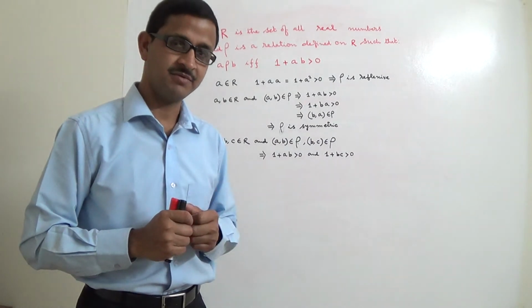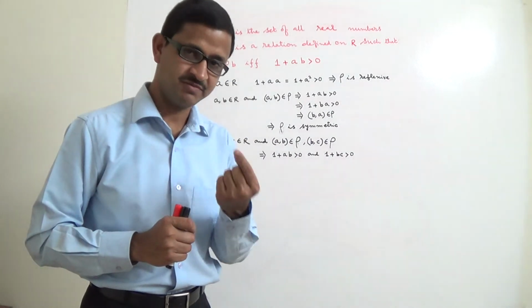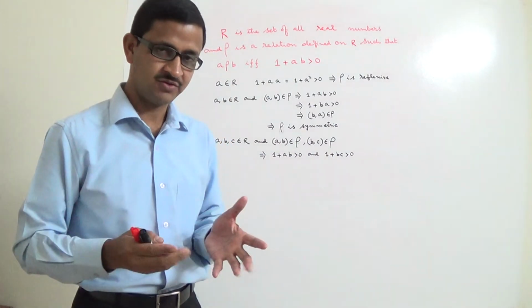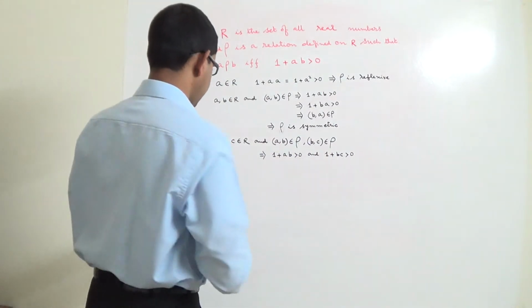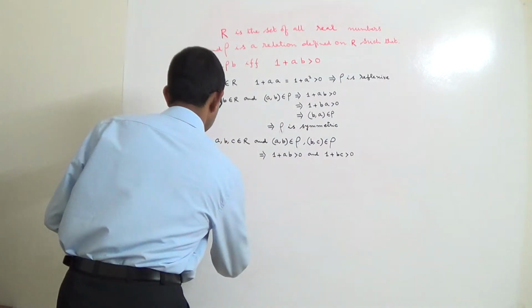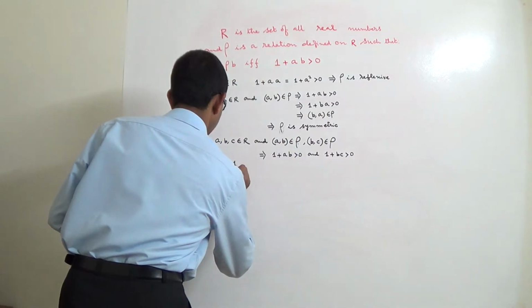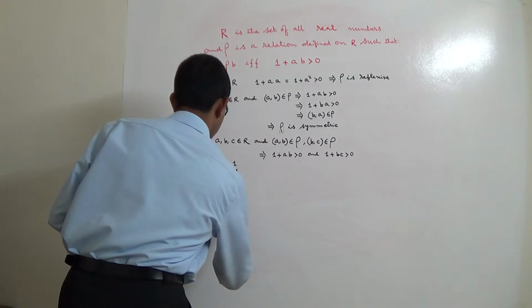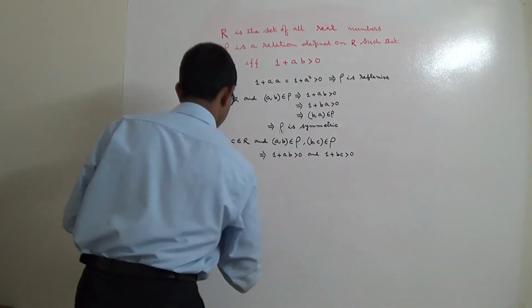So let's take an example of specific values of A, B, C and see whether it is going to be true or not. Let's take A equal to 1, B equal to half and C equal to minus 1.